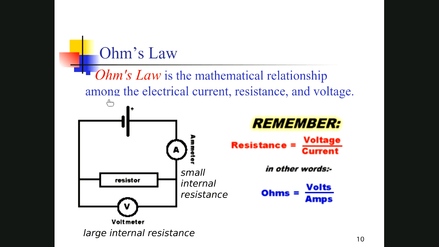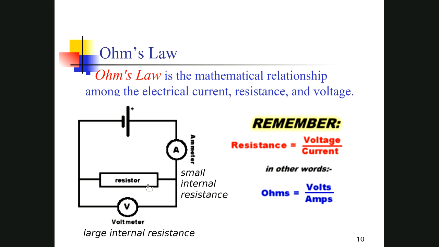Suppose a battery supplies voltage to a resistor. In practice, we can measure the voltage across the resistor using a voltmeter, and the current through the resistor using an ammeter. Then the voltage over current is the resistance of this resistor.